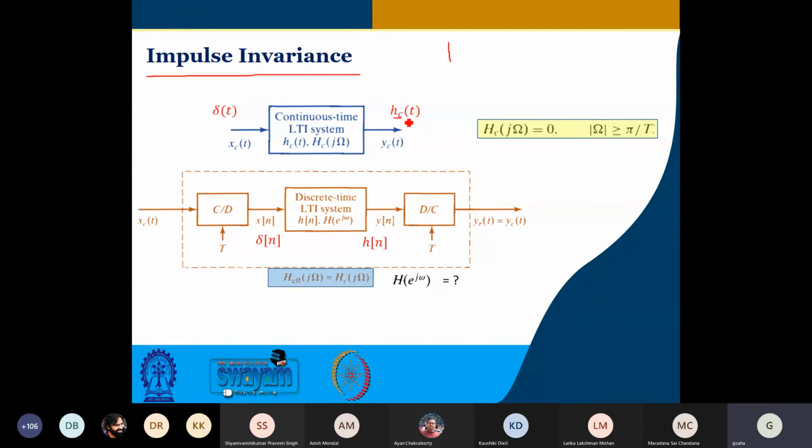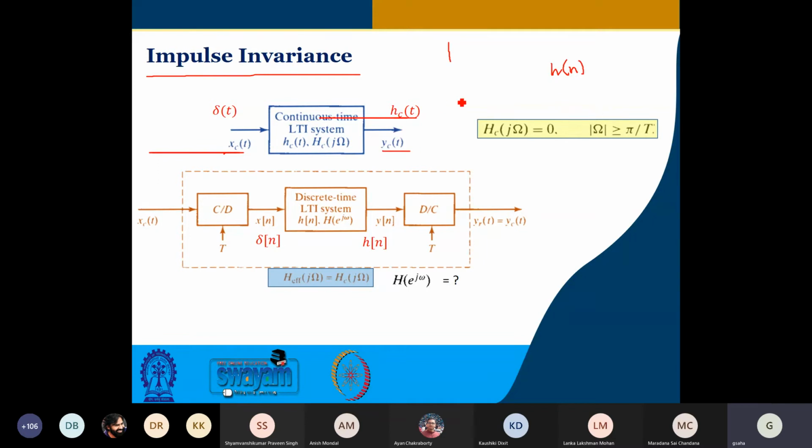So if this is H(t) and the other one is H[n], the goal is that the overall block will do what H(t) would have done through convolution with x(t) to generate y(t). So that is the goal, right?